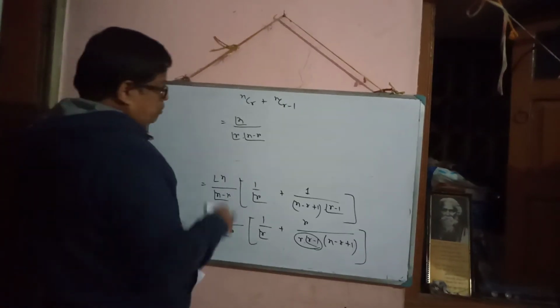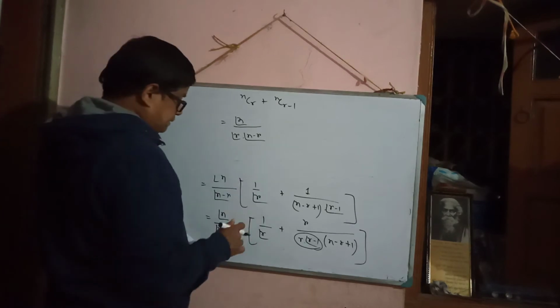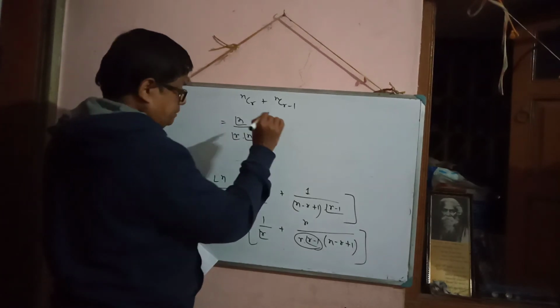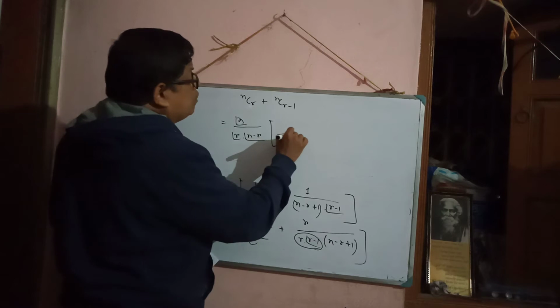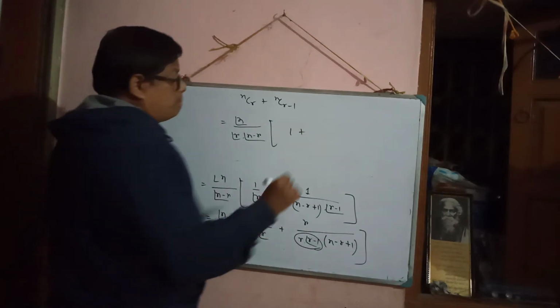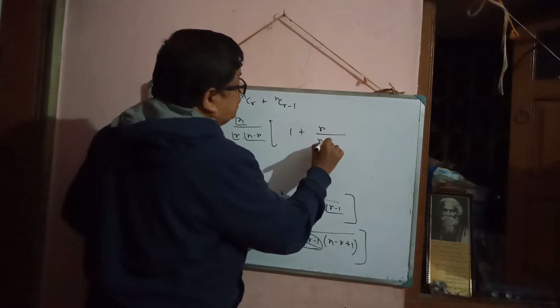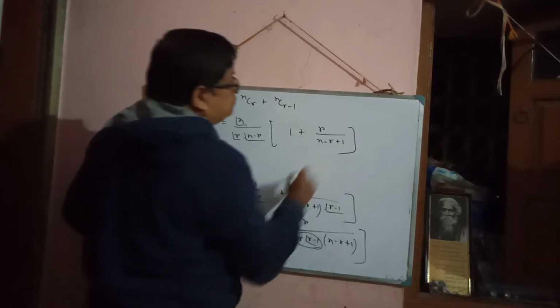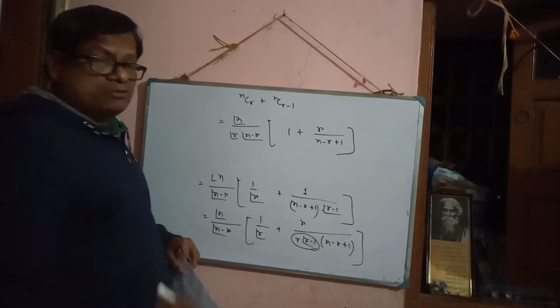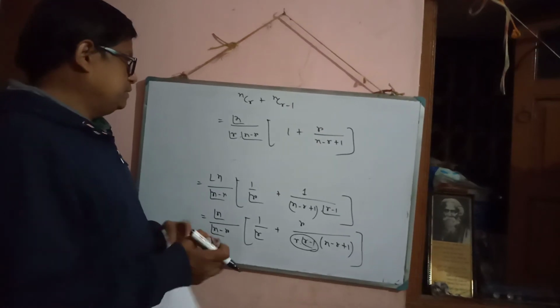So r factorial take common into (n minus r). So I am taking here 1 plus r by (n minus r plus 1).